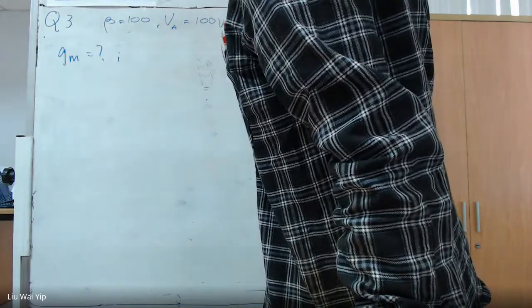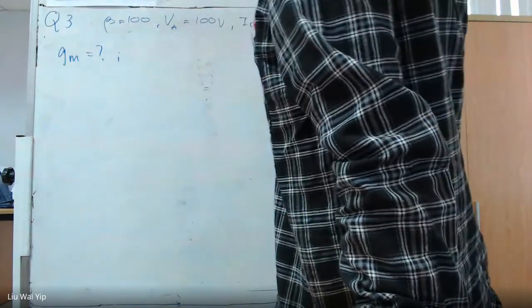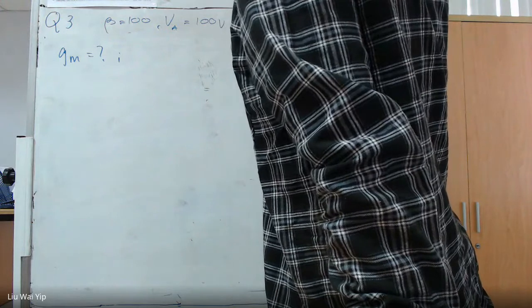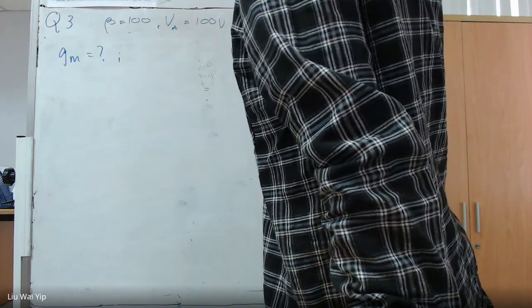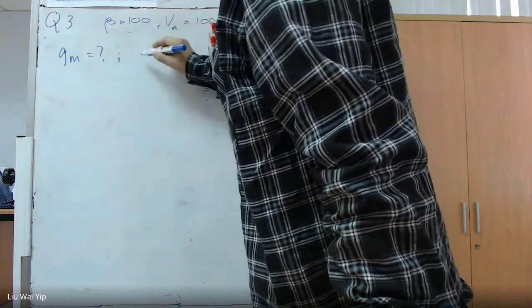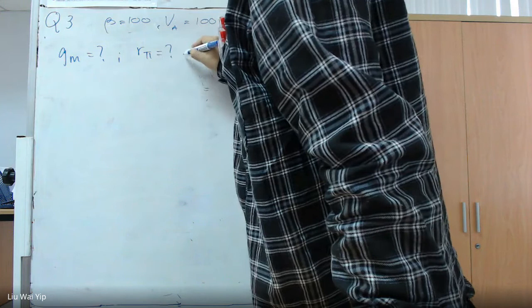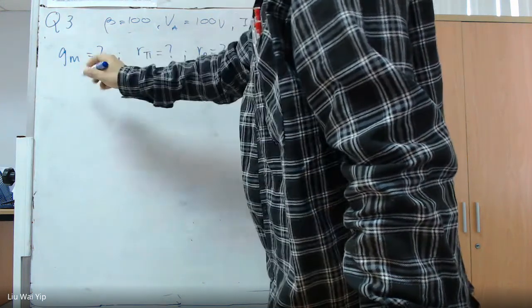IC is 1 milliampere. And VA, we need to know. Usually approximately, so less confusing. Okay, your turn.